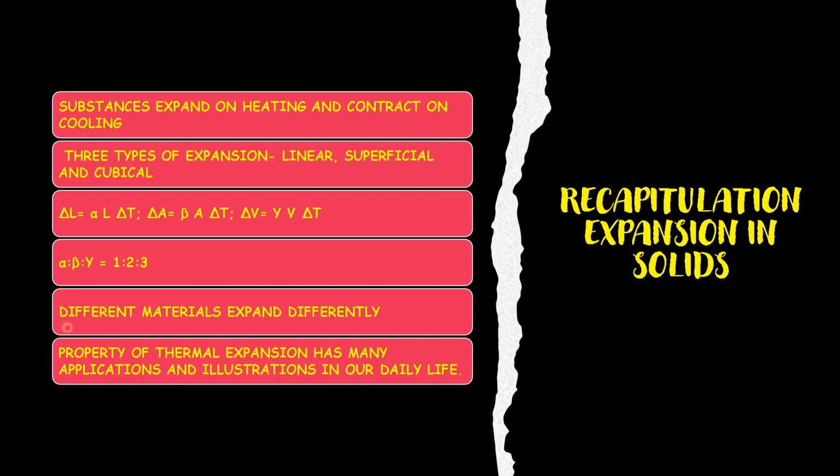Based on this property, bimetallic strips are designed. Apart from bimetallic strips, some more applications that we observe in our daily life related to thermal expansion were also explained to you.